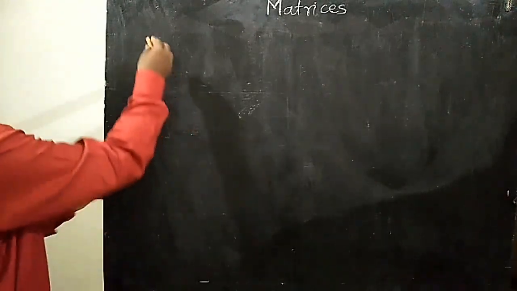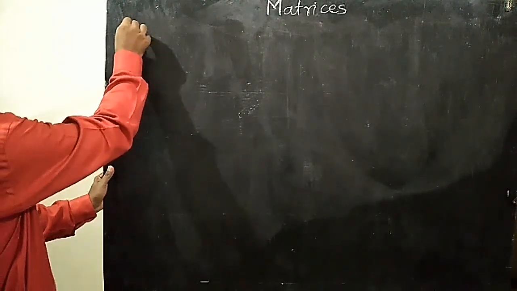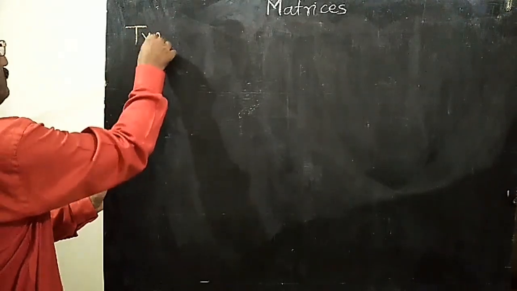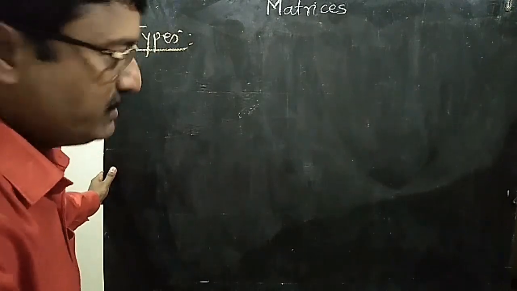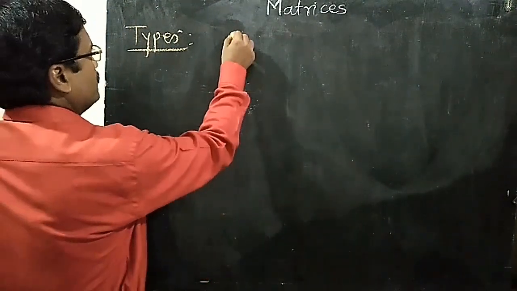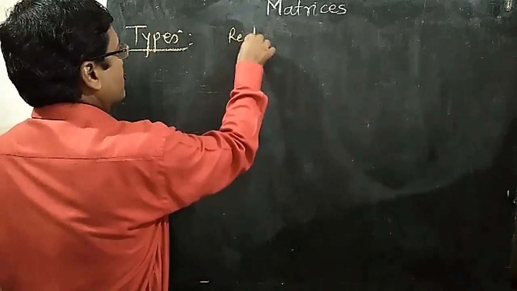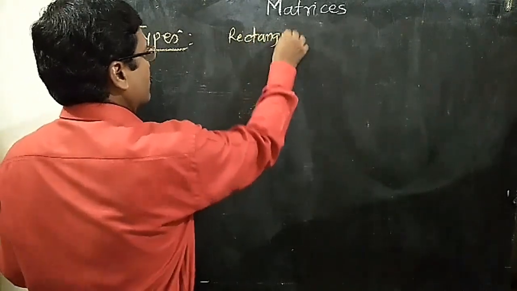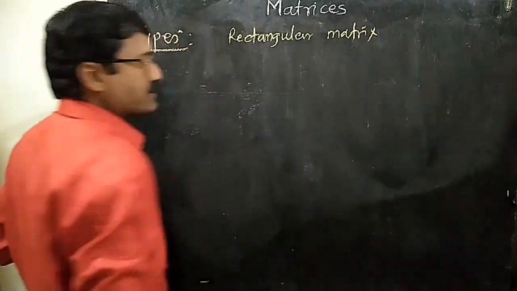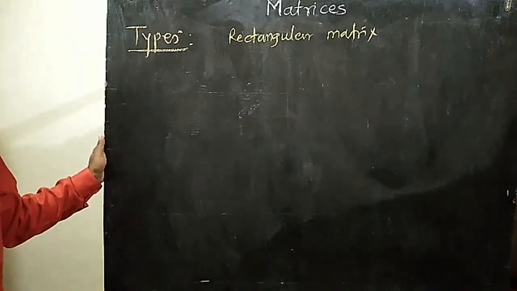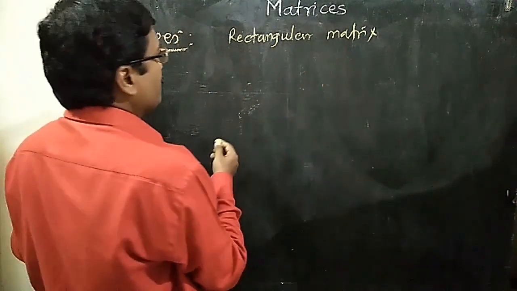After this definition of matrix, we have learned the types of matrices. In 11th class, we have learned so many different types of matrices. Let us start with rectangular matrix. I will just revise the names, not the detailed definitions.